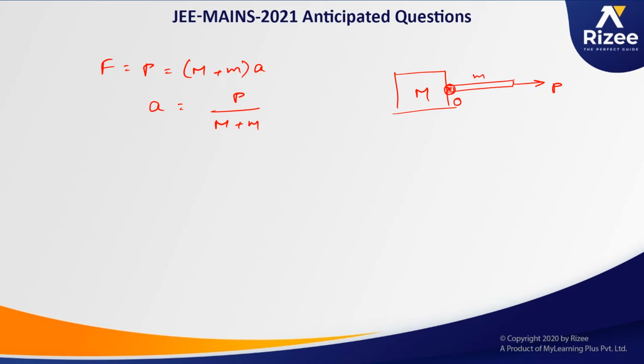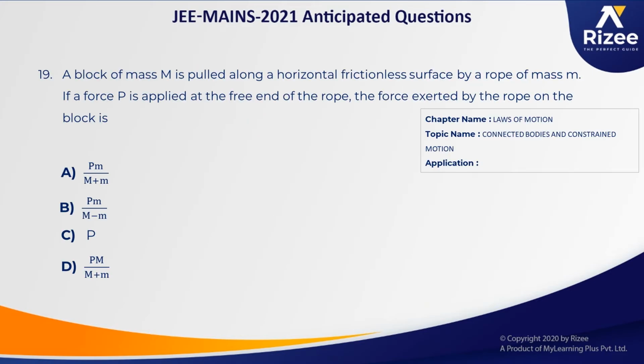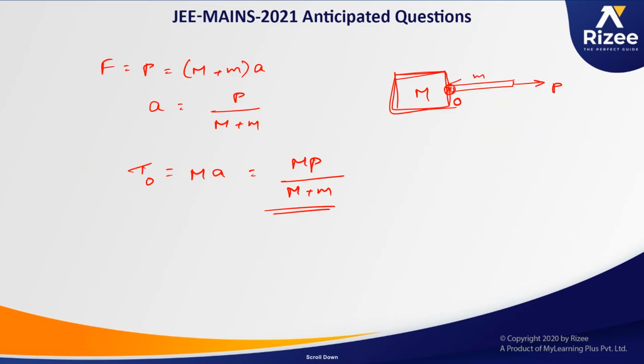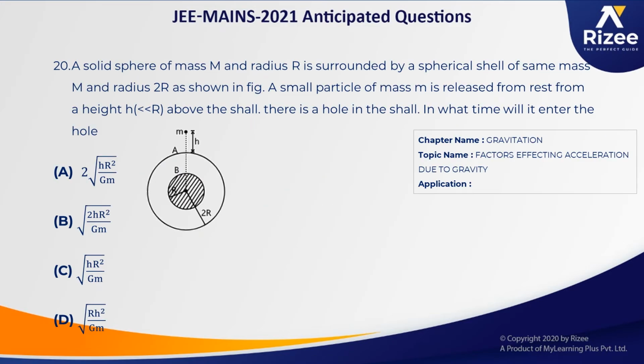Let me name it as some O. So the tension at that particular point O, this point has to pull how much mass? Still it has to pull a mass of capital M. So it should be capital M into A. Substitute the acceleration, that is capital M into P by capital M plus small m. This should be your force or the tension at that particular instant. So M into P by capital M plus small m, option D. Now we can go for the next one, that is question number 20.